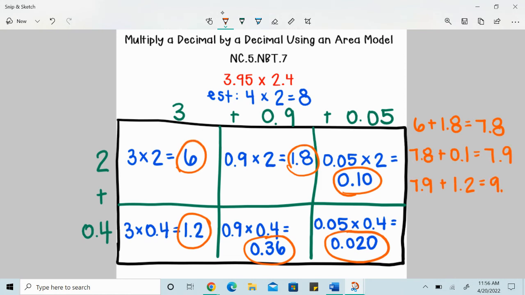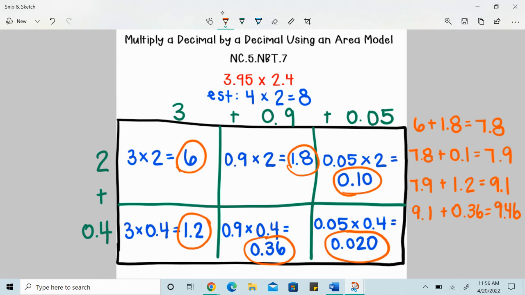Now I need to add the 36 hundredths, so I'll have 9 and 1 tenth plus 36 hundredths. I can think about that 1 tenth as 10 hundredths, and I know that 10 hundredths plus 36 hundredths would be 46 hundredths. So I would be at 9 and 46 hundredths.